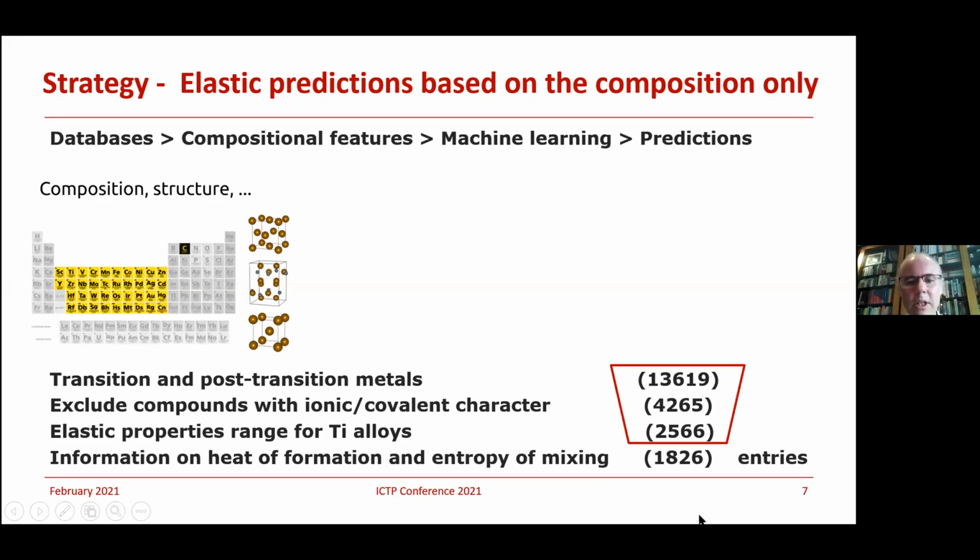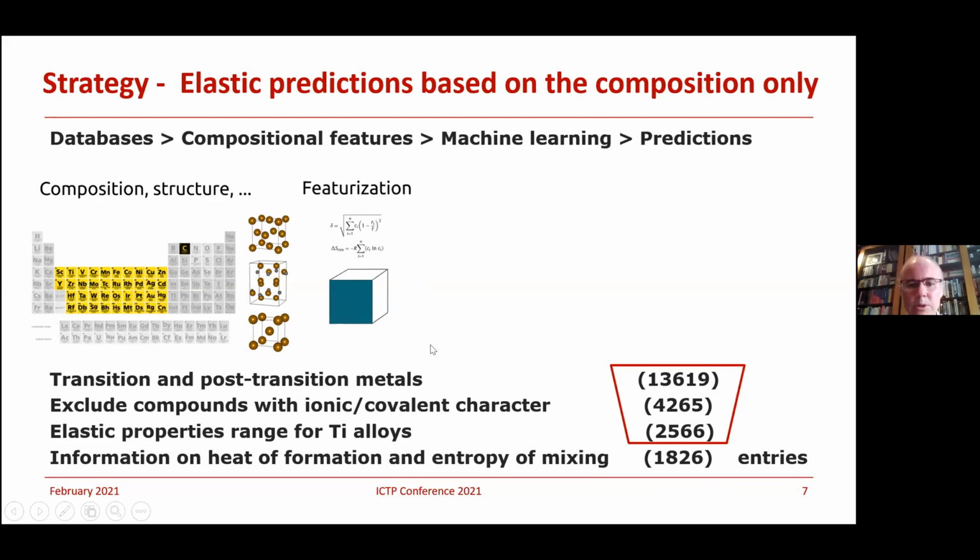Now, what you are looking for is to be able to predict the elastic properties based only on composition, using this machine learning process. One important step, in the exploratory part of the machine learning process, is to look for which features will potentially be the best in order to describe a given target property.